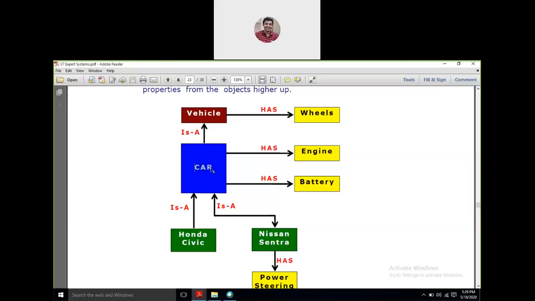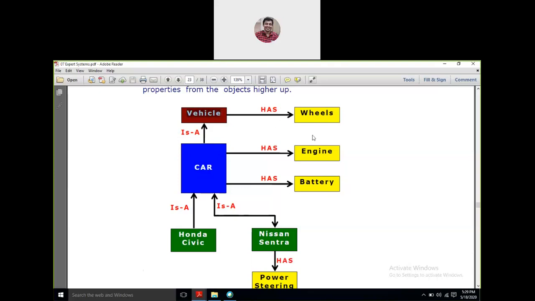There's a small example here: this is a semantic network for a Nissan car. It belongs to the category of a car. There's another one, Honda Civic, which also comes under the category of car, and they both are under the higher category class of vehicle.